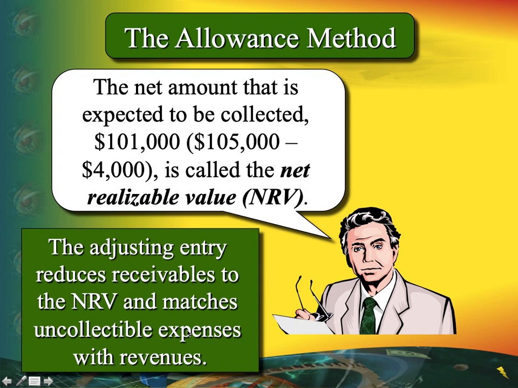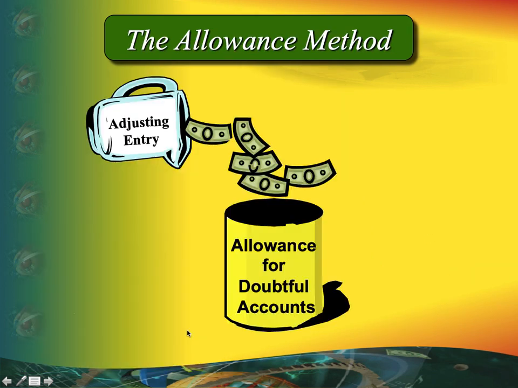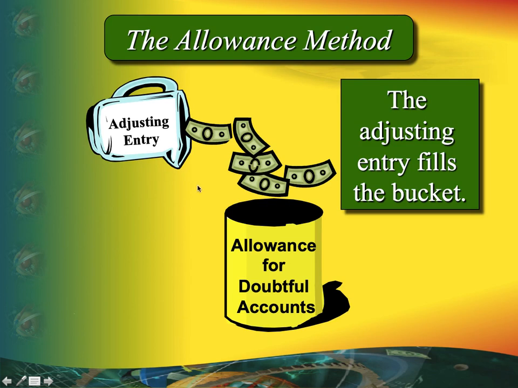What does it mean? Okay, we can see from the example here. Imagine that the allowance here is a bucket. You can fill the bucket by using the adjusting entry and fill the allowance. It's just like you're saving in the bucket.